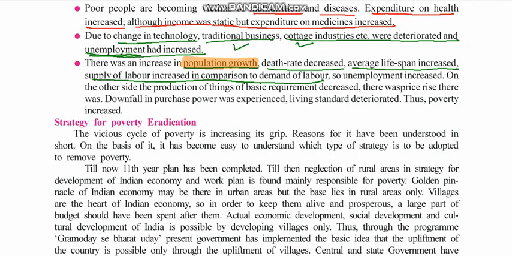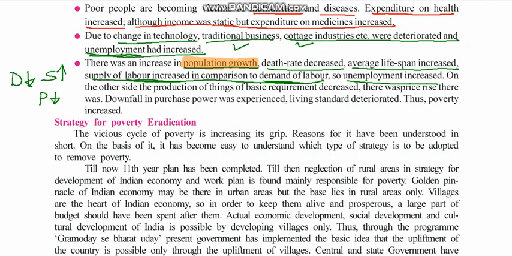Remember the law of demand and supply. Demand low, supply high, price low. So here the labor was more as population was more compared to the demand, and that's why the laborers were getting lower prices, so unemployment increased.